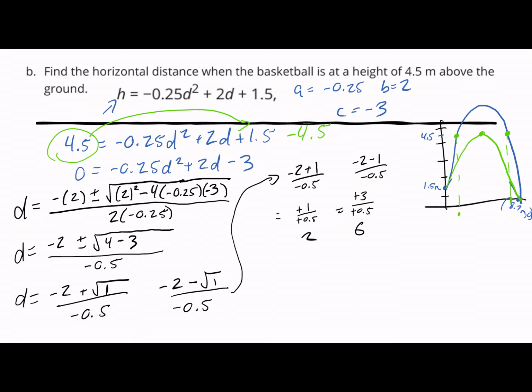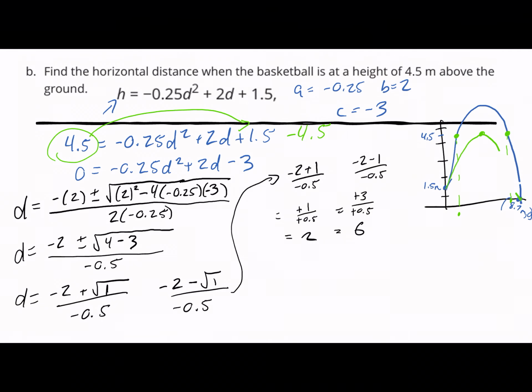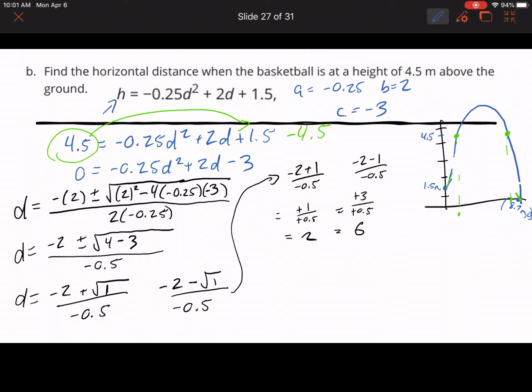So they're both correct in this case. We're not discounting any of them. And actually my graph on the blue line was pretty accurate. Get rid of the green line. It was just for show. My graph of the blue line was pretty accurate because what this is saying is this point is at 2 meters and this point is at 6 meters, which is looking pretty good.